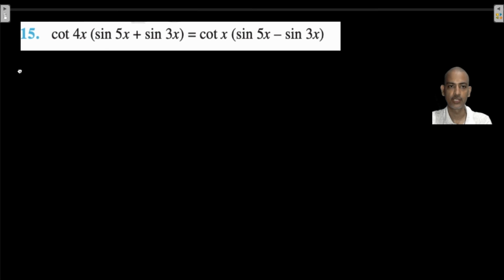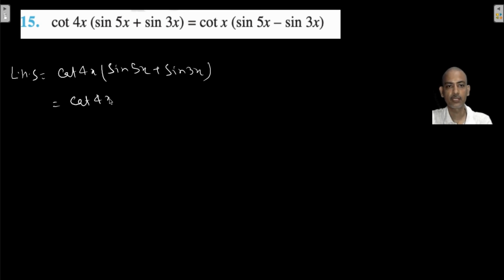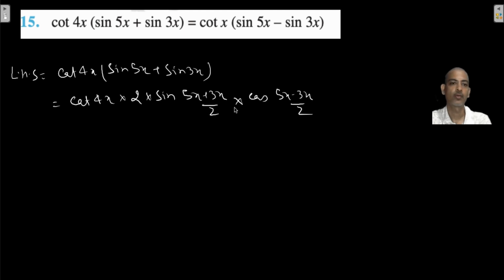So let's see what we do in such cases. I will solve the left hand side first. The left hand side is cot of 4x into sine of 5x plus sine of 3x. Sine of c plus sine of d is nothing but 2 into sine of (c plus d)/2, that is (5x plus 3x)/2, into cos of (5x minus 3x)/2.